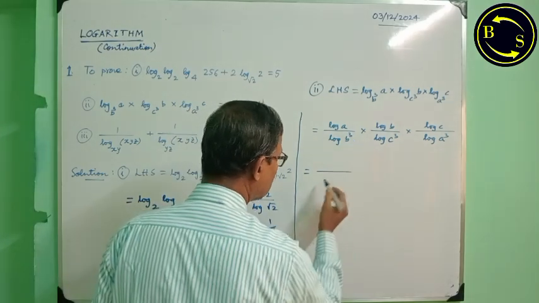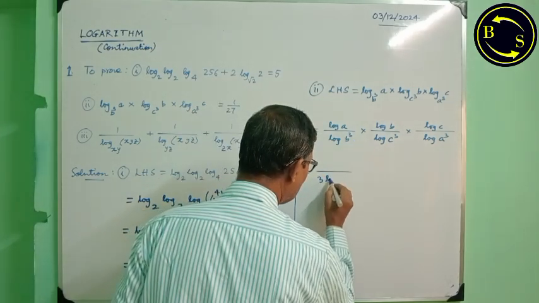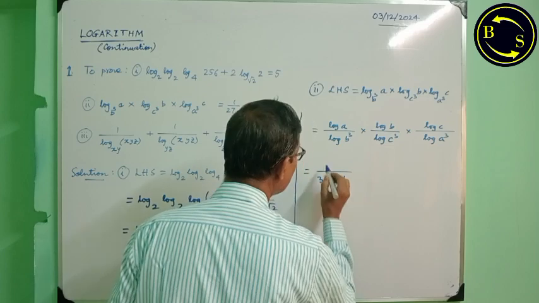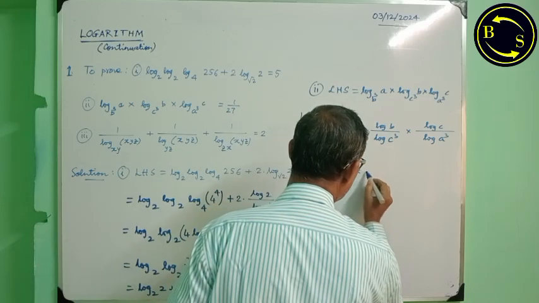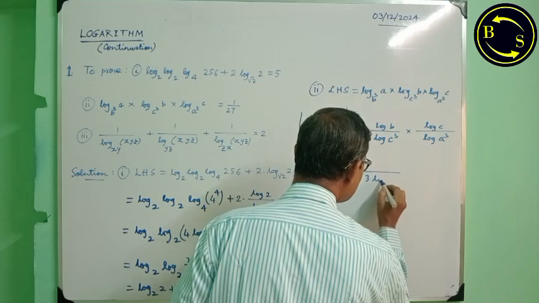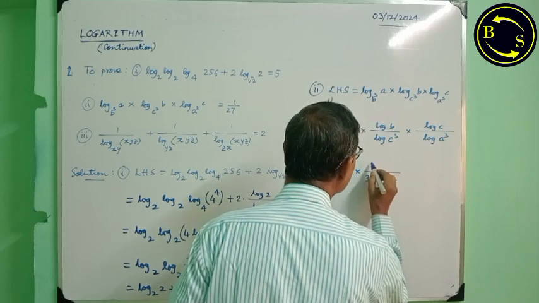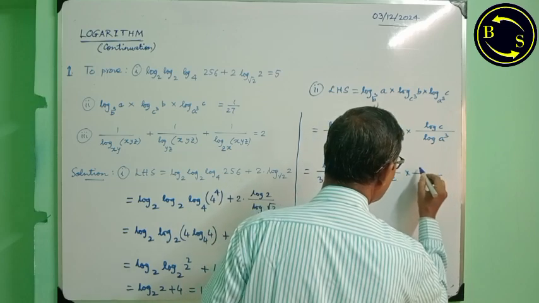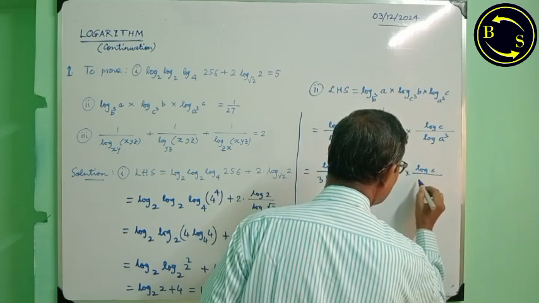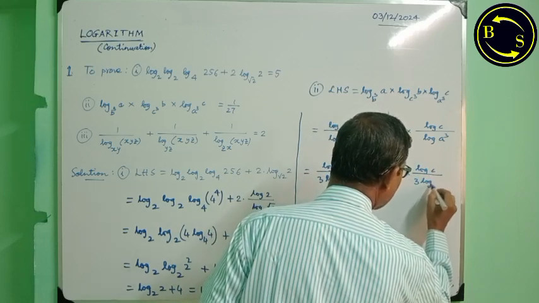Power is there, 3, therefore it will be 3 log b, numerator log a, into 3 log c, numerator log b, into log c, 3 log a.